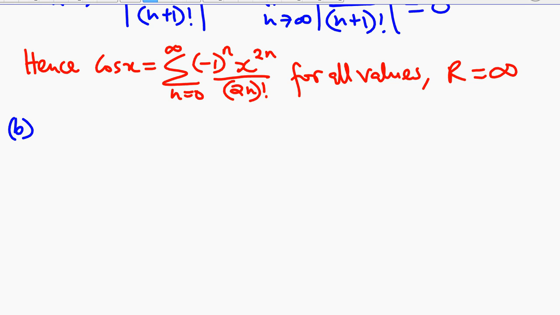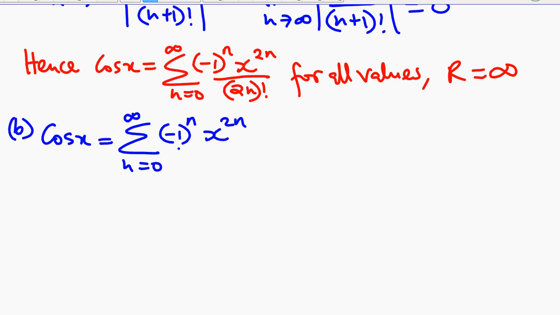Now for B, they want us to find the Maclaurin series expansions for the following, including the radius of convergence. So we know that cos x is equal to the sum from n equals 0 to infinity of -1 to the power n x to the power 2n over 2n factorial.